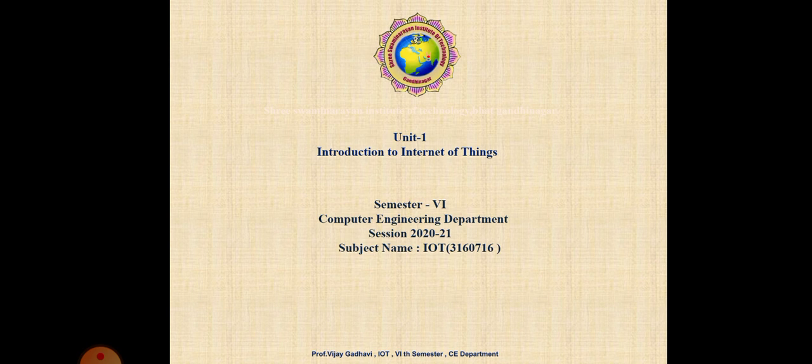In this subject, we cover a few practicals as per the GTU, Gujarat Technological University curriculum, which should be performed by you, that means students, using Arduino and Raspberry Pi boards and their software platform, which is available in our laboratory.